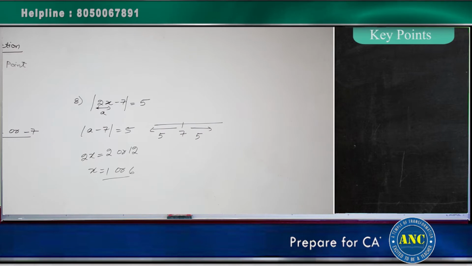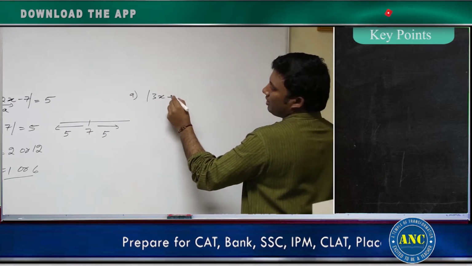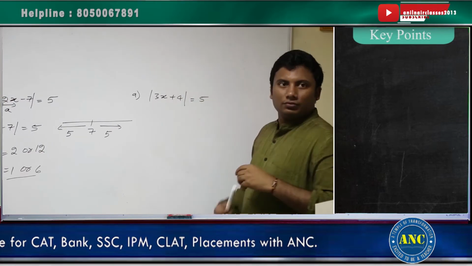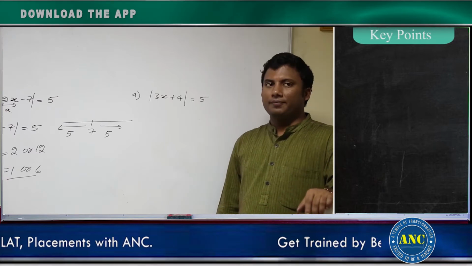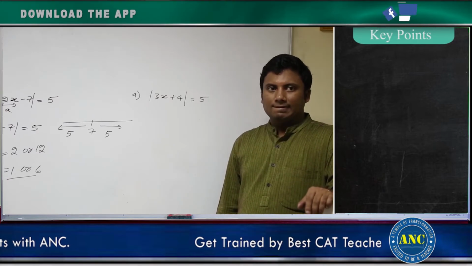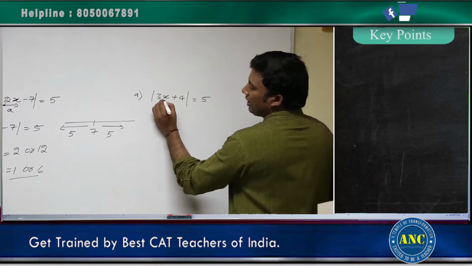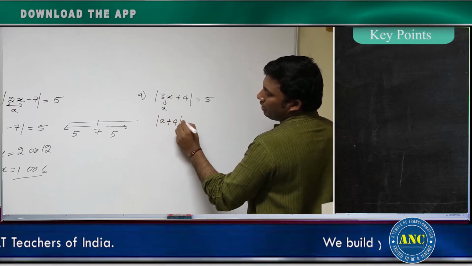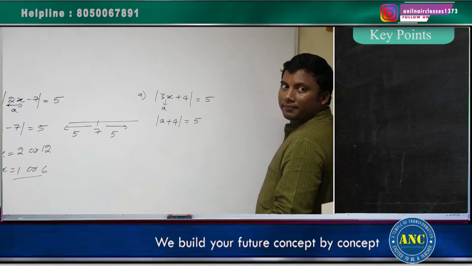Ninth one. Please try to solve this question. Mod 3x plus 4 equivalent to 5. Use the same approach. Mod 3x, call it a. Mod a plus 4 equivalent to 5.